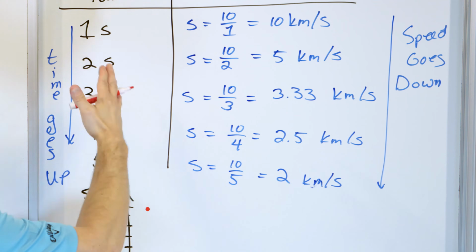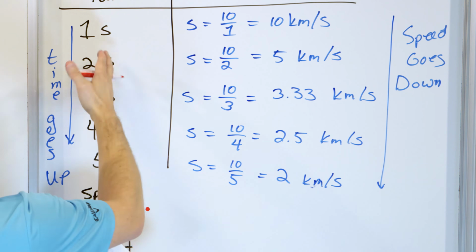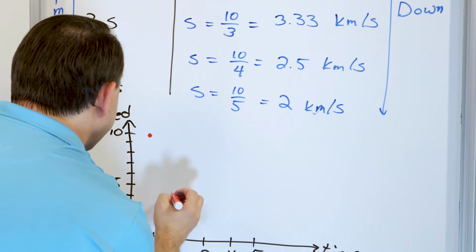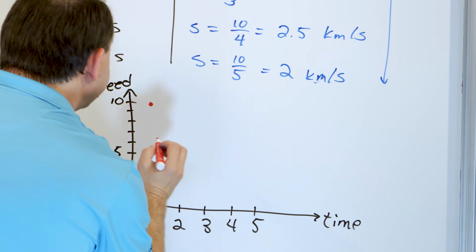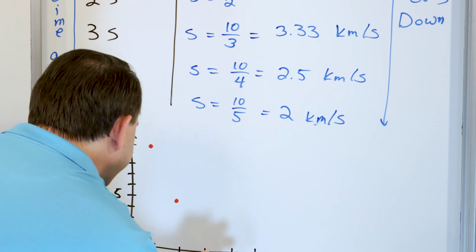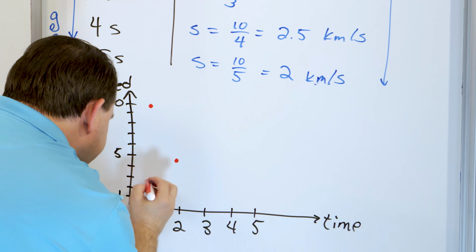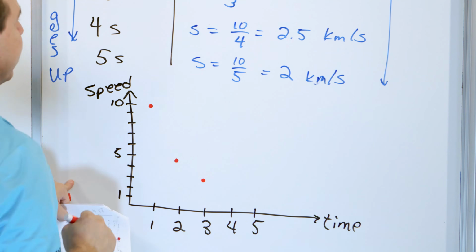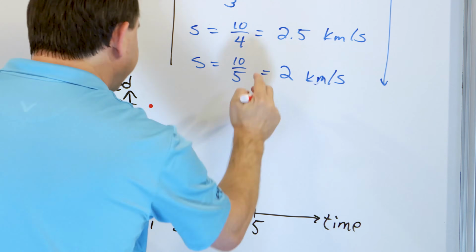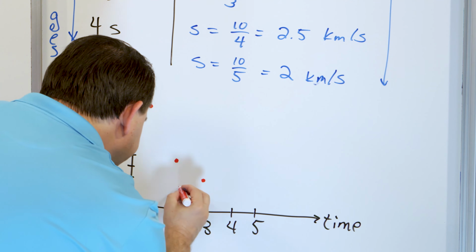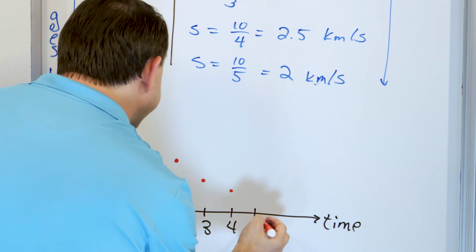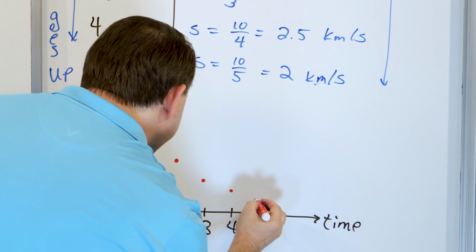If I'm plotting speed versus time, a relationship between the two variables, 2 seconds would be 5 kilometers per second, which cuts it in half, right around here. 3 comma 3.33, so here's 1, 2, 3, and I'm going to go just a little bit up from that. It's not exact. 4 comma 2.5 is going to be somewhere around this. And then 5 comma 2, right down here.